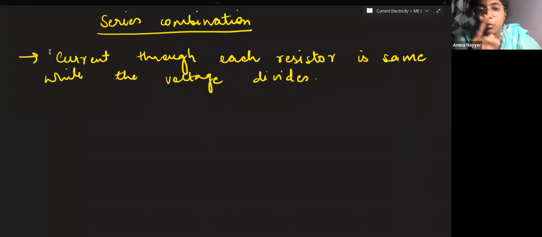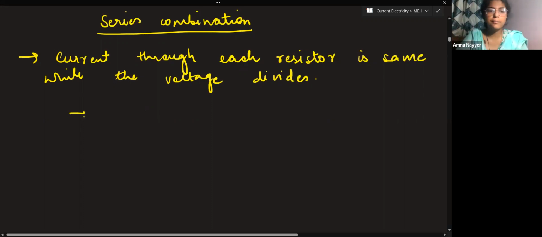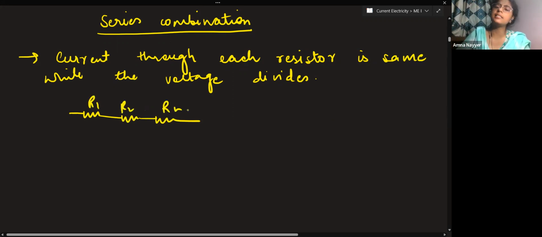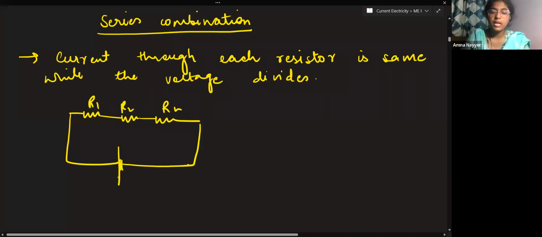Now, if the current through each resistor remains the same, let's say n resistors are connected: this is a resistor, this is another resistor, this is another resistor, R1, R2, up to Rn, and the potential here is something. Then the current that will be flowing in this entire circuit will be the same. That will be the current I only.